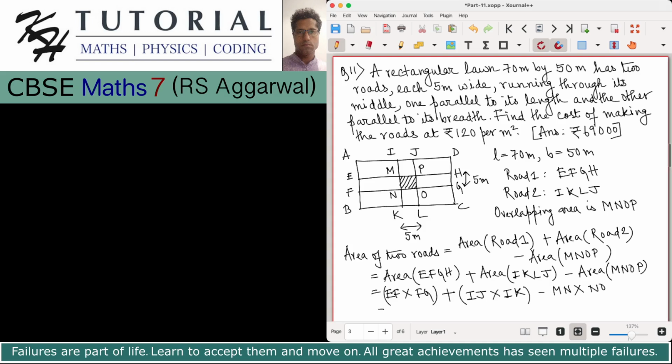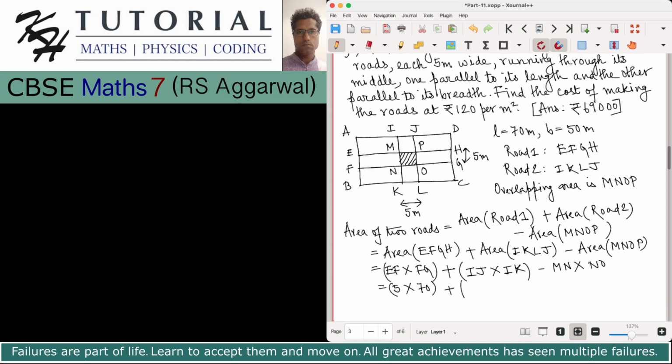Okay, this is EF multiplied by FG. EF is the width of each of the roads, so this is 5 multiplied by FG. FG is the length of the lawn, which is 70, plus IJ, which is also the width of the road, 5, multiplied by IK.